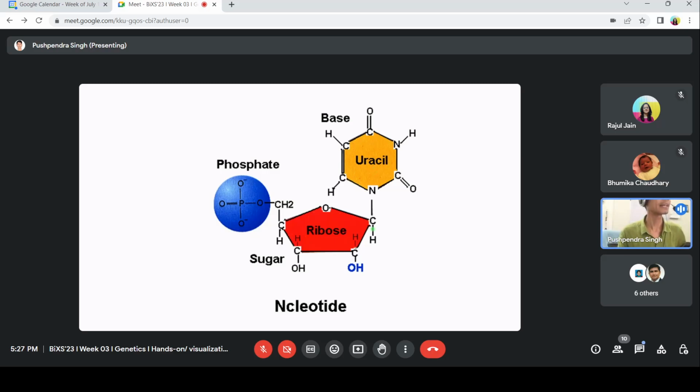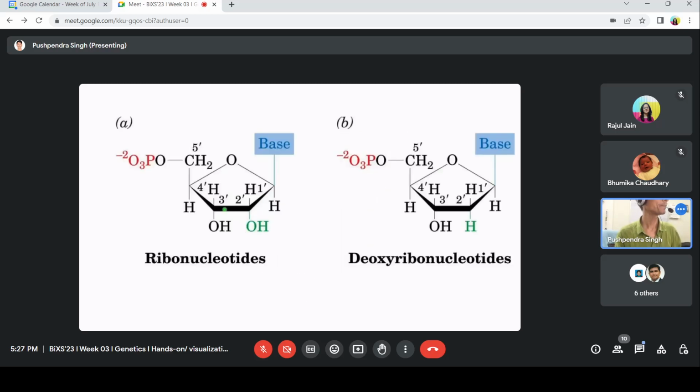But the second clue is that this position contains an OH group, a hydroxyl group, and the third position also contains a hydroxyl group, and then the fifth position contains a phosphate group. So this is basically a dNTP of ribonucleic acid, where there are two OH groups.